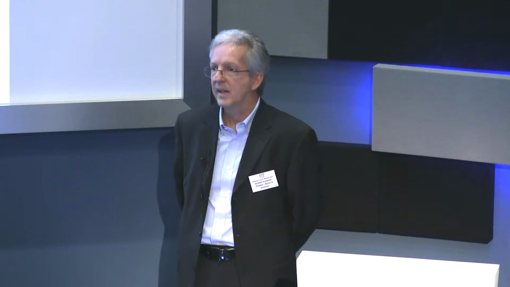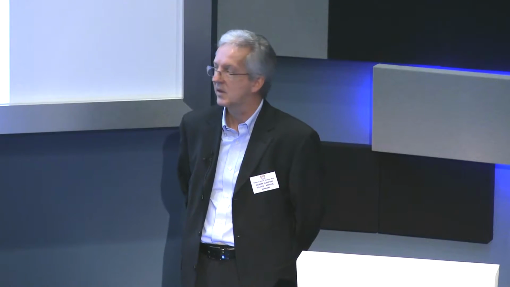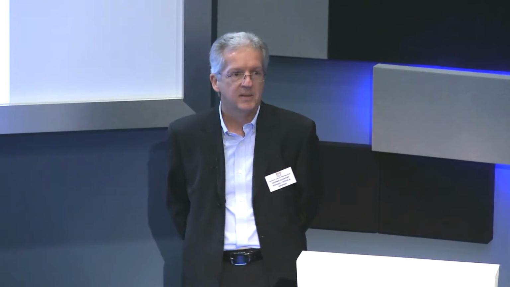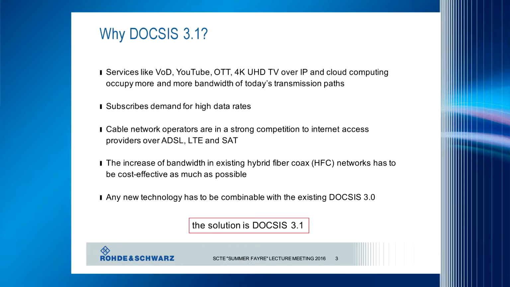So you can find nowadays a mixture of network infrastructure. We have fiber already in the networks, but most of the time there's still a piece of copper, a coax cable to the customers, which must be bridged. For that we have DOCSIS 3.0 developed and in operation, but facing the demands for higher bandwidths, we have to find a new solution to provide more and more bandwidth to the customers, and the solution was found in DOCSIS 3.1.